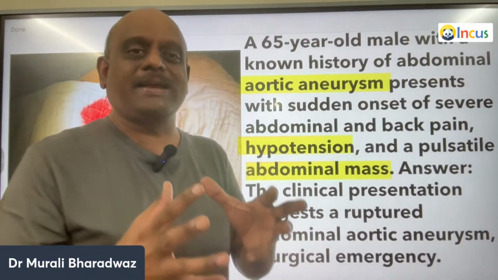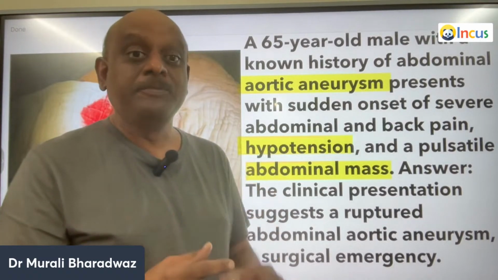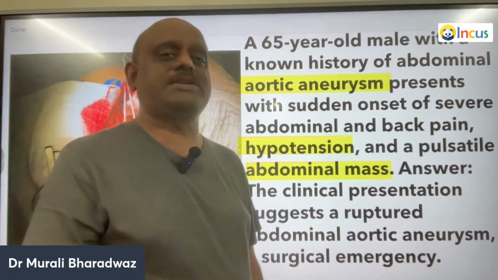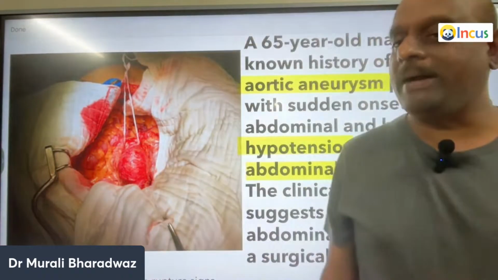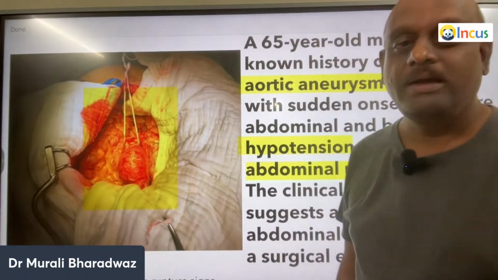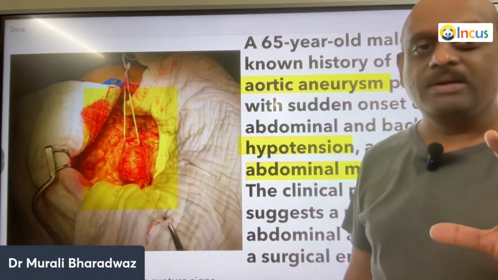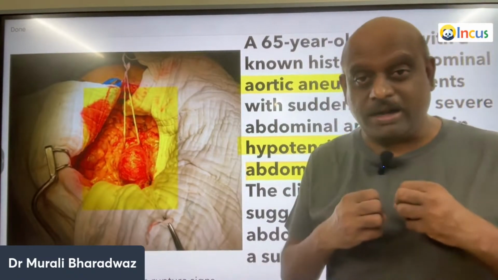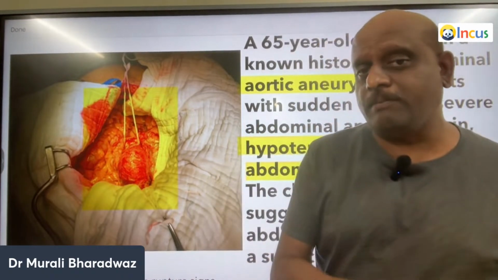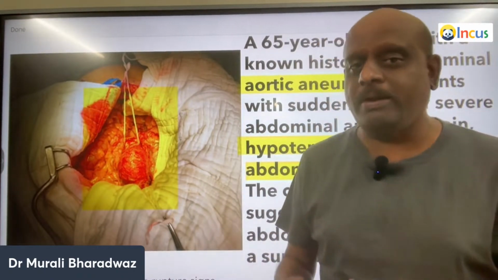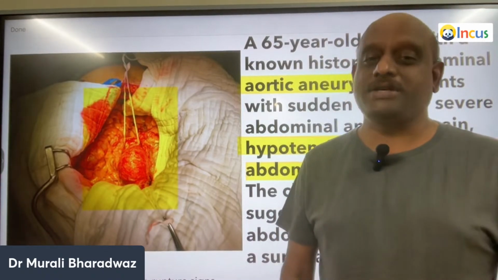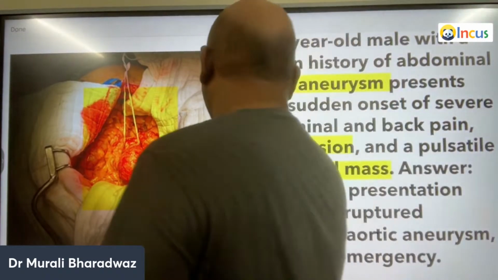So this is the classical clinical presentation of a ruptured abdominal aortic aneurysm, and it's a surgical emergency, is what you need to remember. So this is how it looks intraoperatively, if you look at the abdominal aortic aneurysm which has undergone rupture. So remember, hypertension predisposes to abdominal aortic aneurysm. The moment the abdominal aortic aneurysm ruptures, that leads to significant hypotension, is what you need to remember.